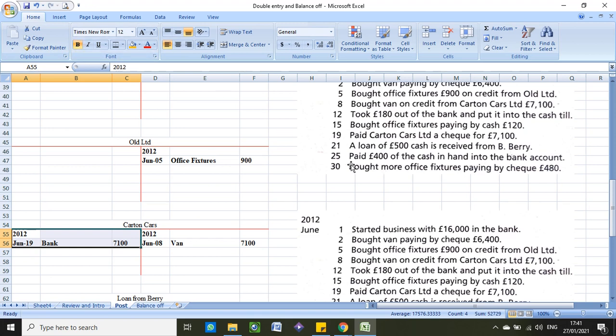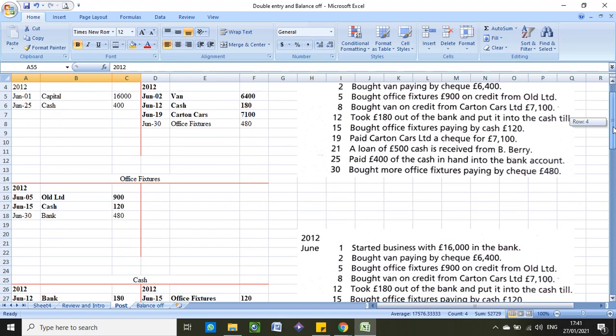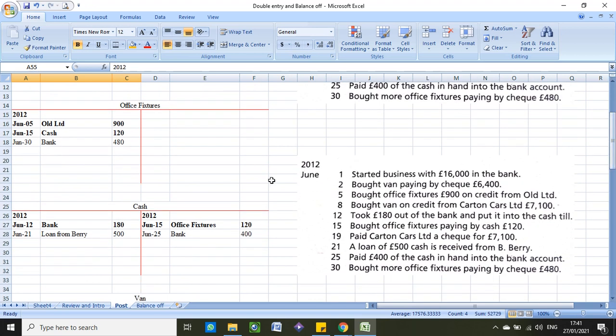The following transaction. June 21st, a loan of $500 cash is received from B. Berry. So we're getting some cash from Berry. Remember that cash is an asset account. So if you want to increase an asset account, you do it on the debit side. You look for the correct account. It is cash. So that's a loan from Mr. Berry.